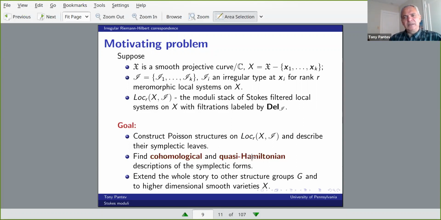Even the stackiness is a problem. So there is some work to be done there, but actually there is a recent work of Porta and Teyssier who actually do it carefully. And they also prove the representability of the de Rham stack, which was done by Teyssier before, of the Betti stack, which wasn't known.